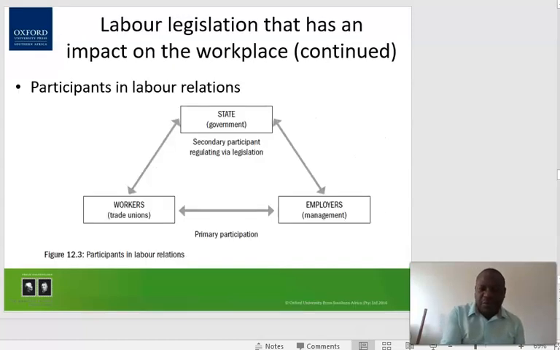So we're speaking of collective bargaining. Participants in labor relations, we're talking of the state, the workers and their trade unions, and the employers, which is basically management. So you see the interaction or the relationship of these three participants in the Labor Relations Act.